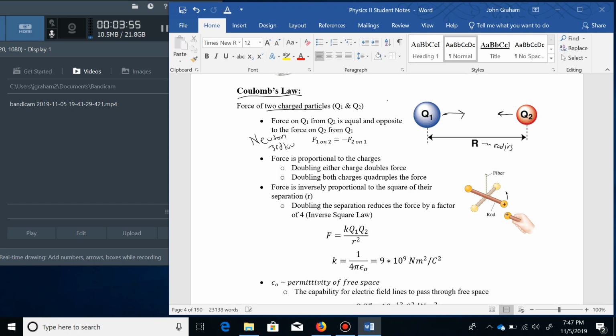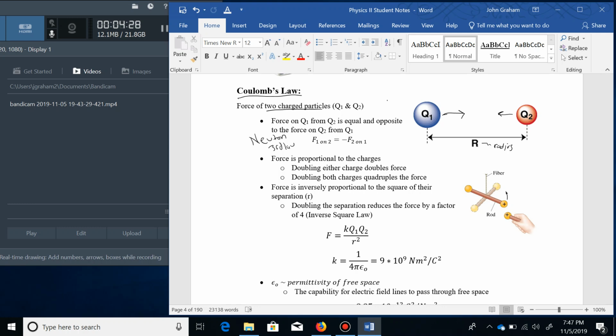Now, the direction comes from whether you are dealing with electrons, or in other words, positive charges or negative charges. Both charges have to be taken into account when we're finding the force. The magnitude of the force deals with the amount of charge for each charge and the distance that they are apart.